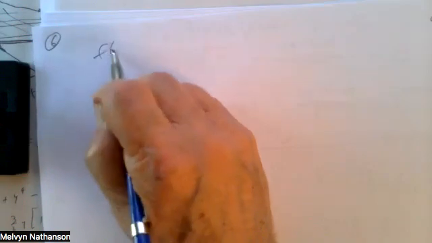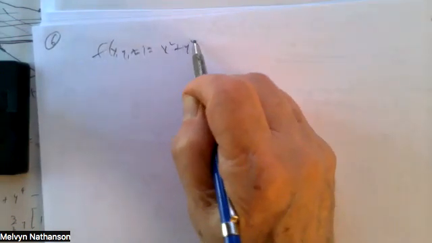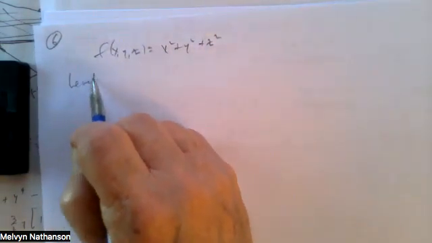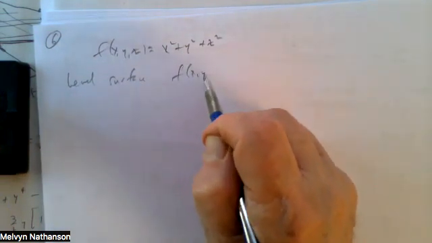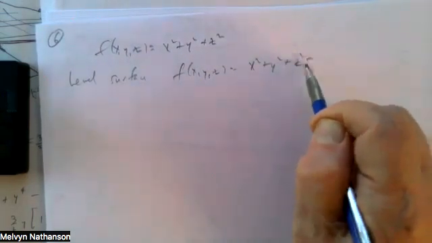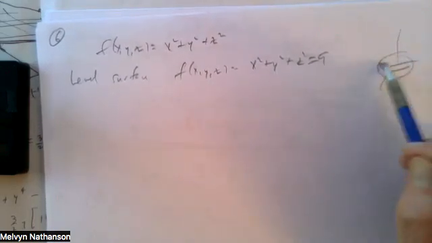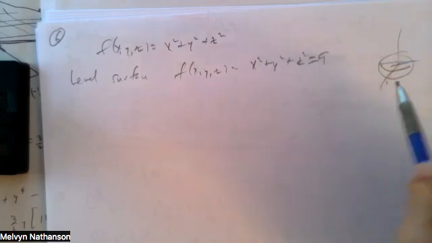In problem 6, we have a function f of x, y, z equal to x squared plus y squared plus z squared. We have the level surface f of x, y, z, or x squared plus y squared plus z squared equals 9. So in 3 dimensions, that's just a sphere centered at the origin with radius 3.